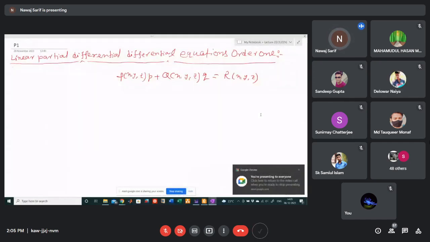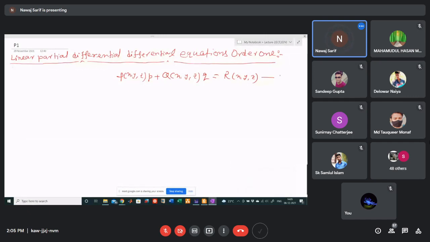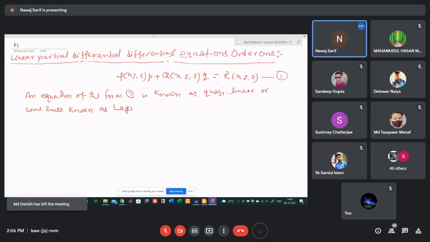Let's put this equation as number 1. An equation of the form 1 is known as quasi-linear, or sometimes this is known as Lagrange's equation.